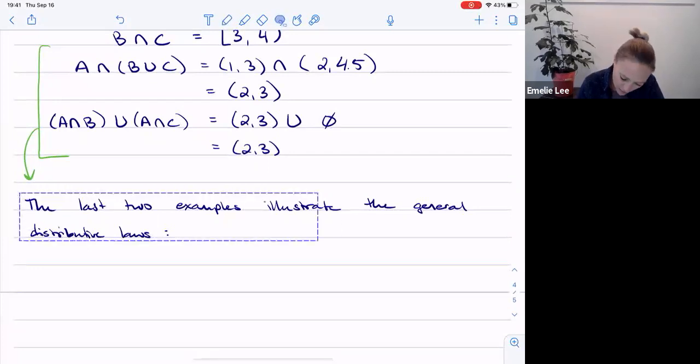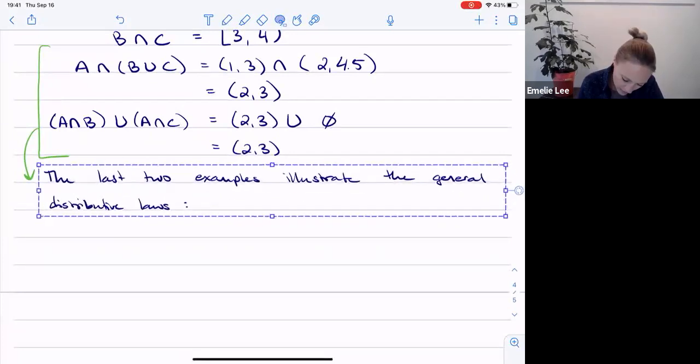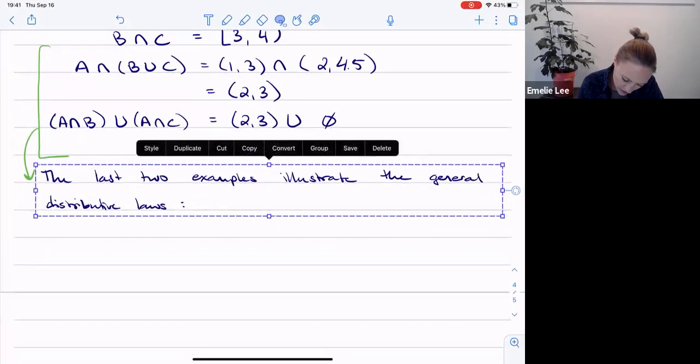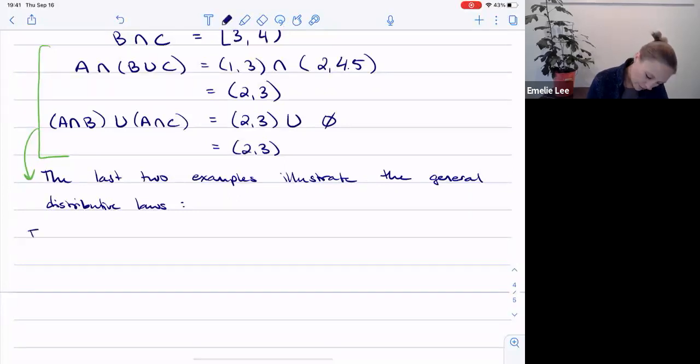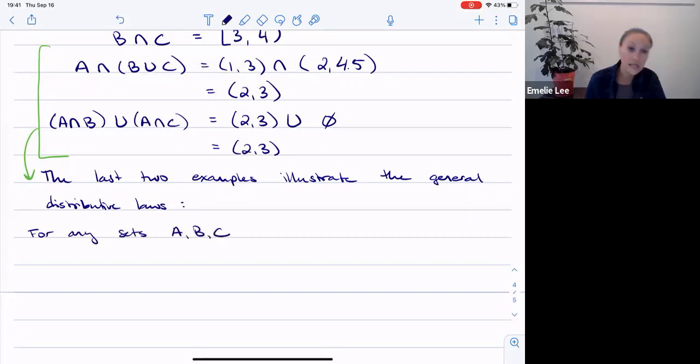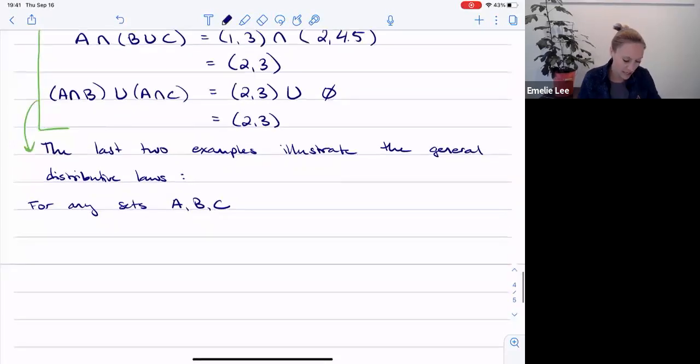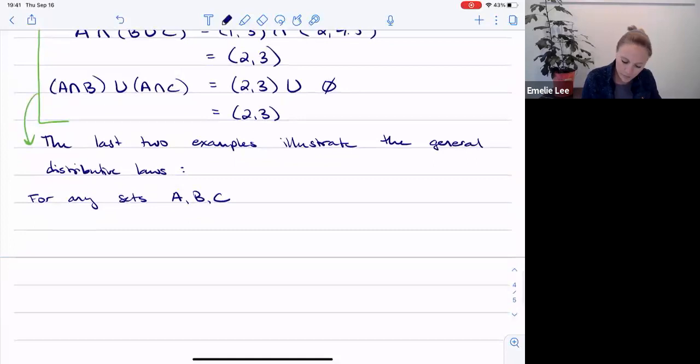So I'm just going to bump this up one more sheet, just a little bit, like that. Okay. For any sets A, B, C, notice that's just a C, not the sample space.